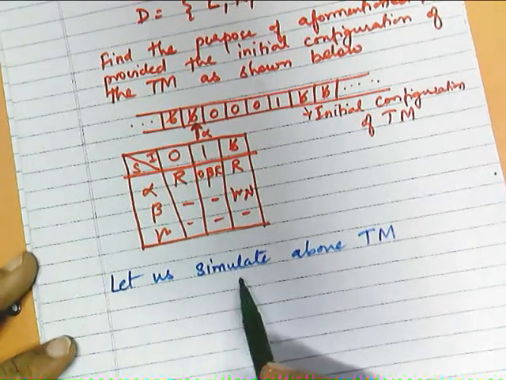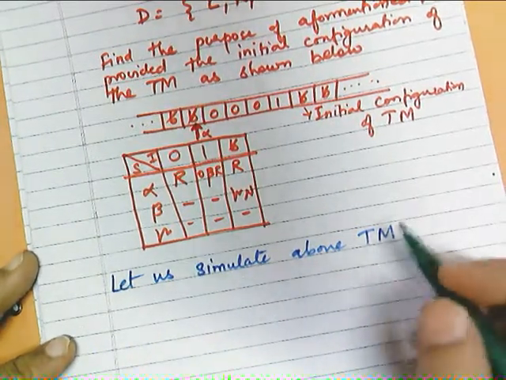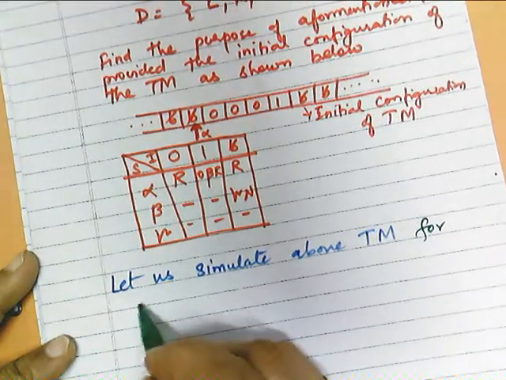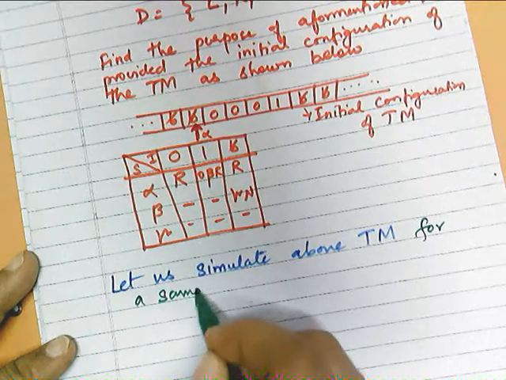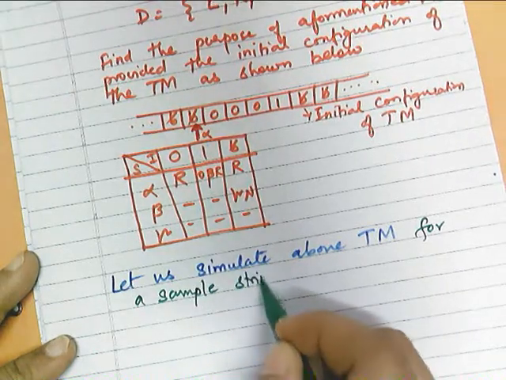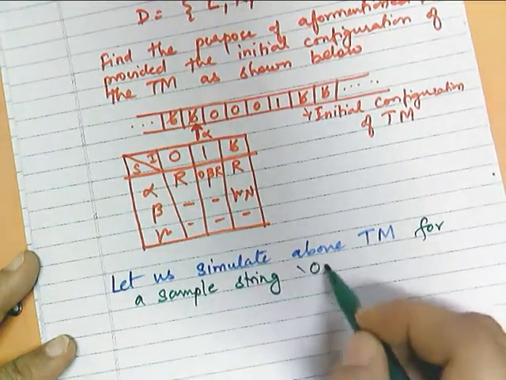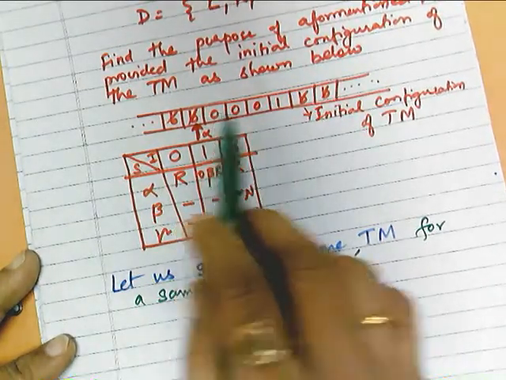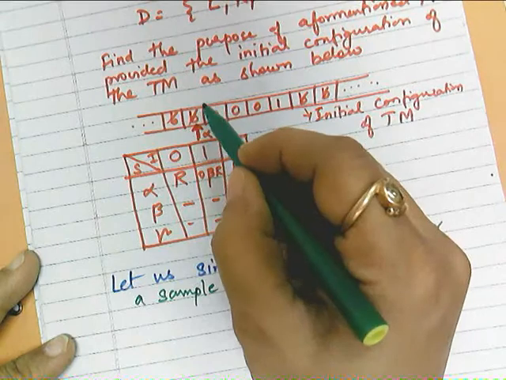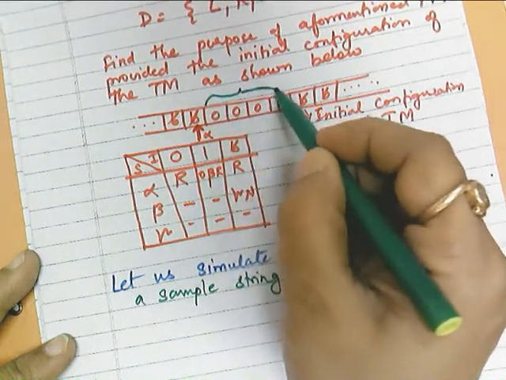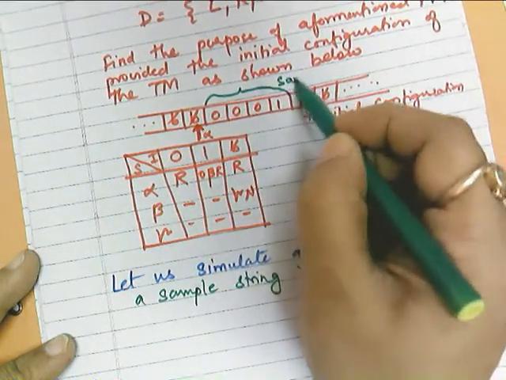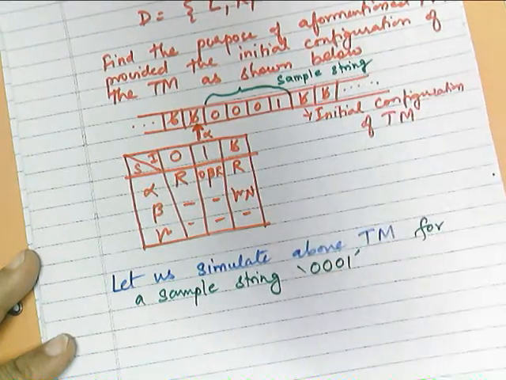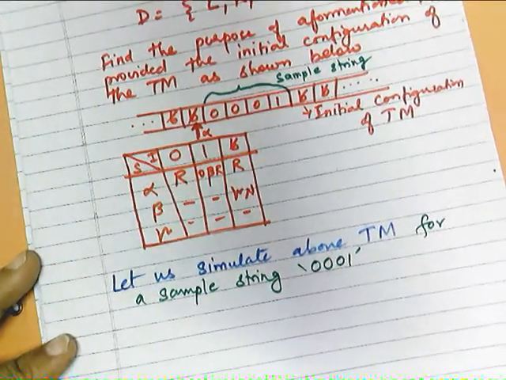So we want to simulate the above TM for a sample string, that is 0001, which is already marked here and acts as the sample string. So now for this we will simulate.